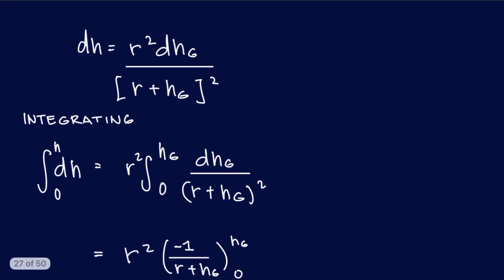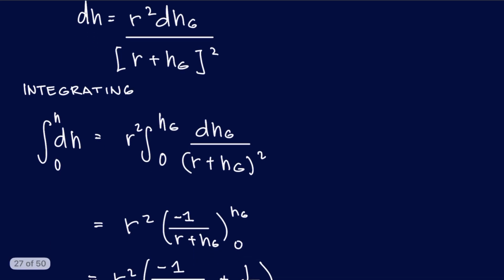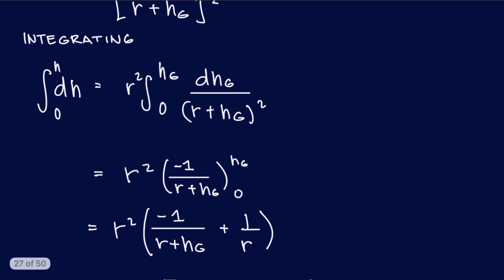To make the equation whole, we integrate from zero height to a certain height. By integration, we get R squared multiplied by negative 1 over (R plus Hg), with limits from 0 to a certain geopotential altitude.